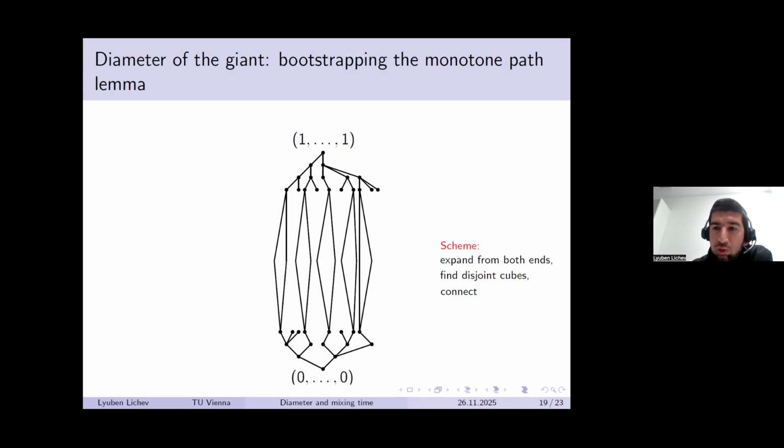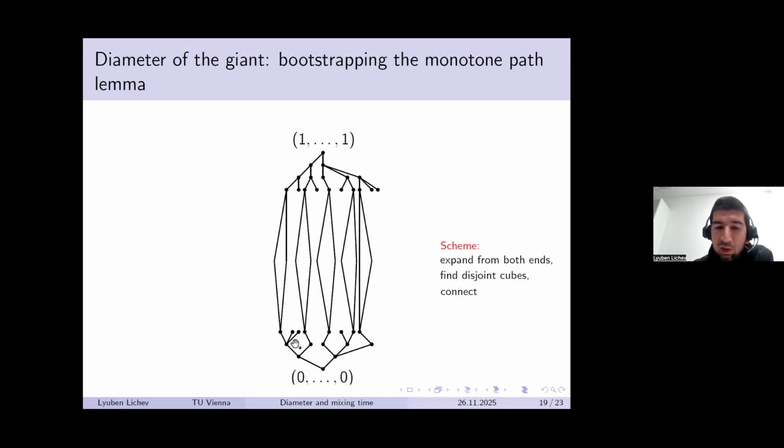So how can we use this result to say something about the diameter of graphs? Well, you can say, okay, so if my vertex 0, 0, 0 is in the giant component, then it probably expands well. So I can look at close neighborhoods.